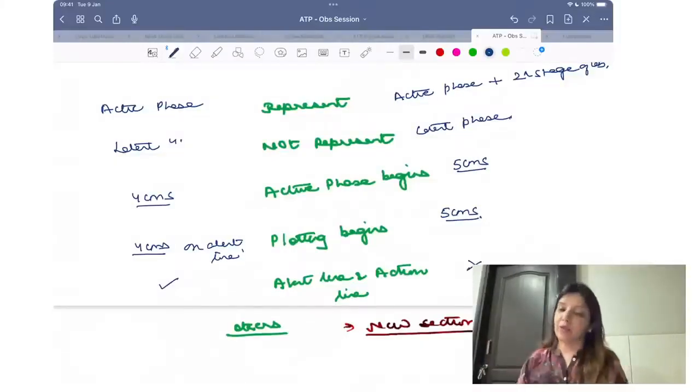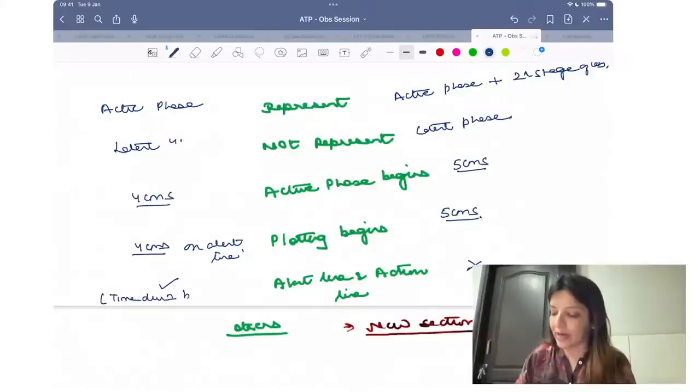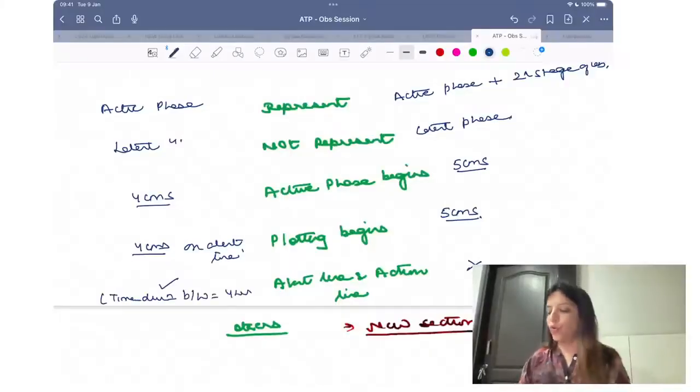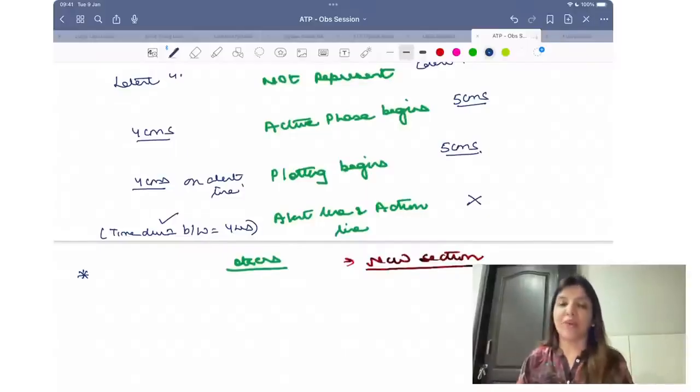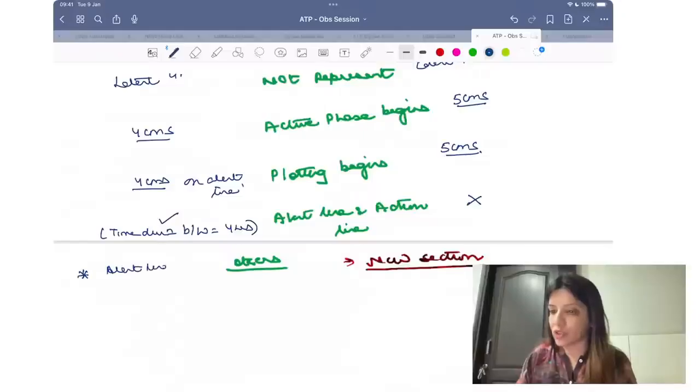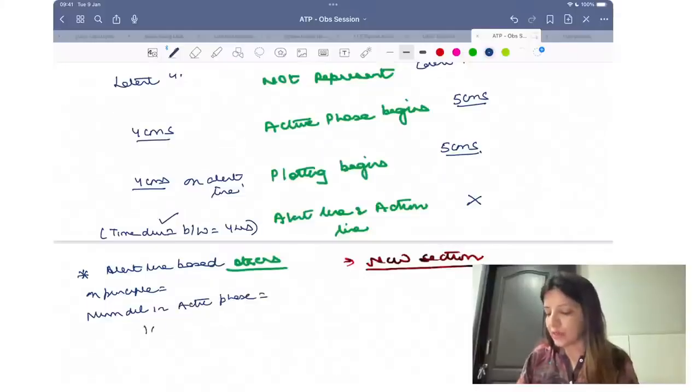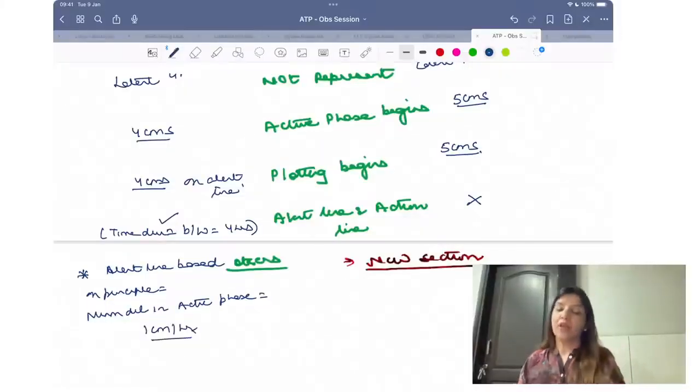They are absent in labor care guide, and the time duration between alert line and action line is 4 hours. Right? Other important thing which I want you to remember about modified WHO partogram is that alert line is based on the principle that minimum dilatation in active phase should be 1 centimeter per hour.